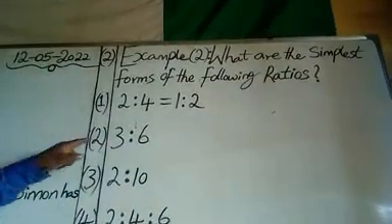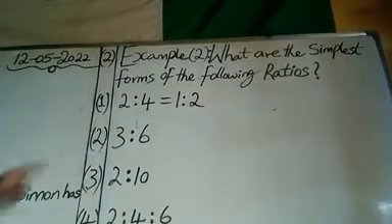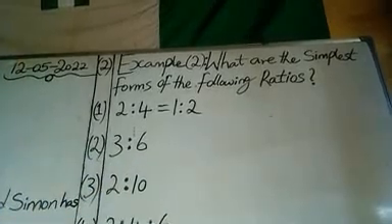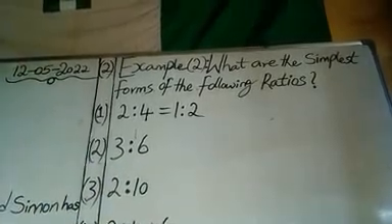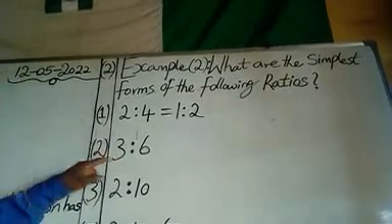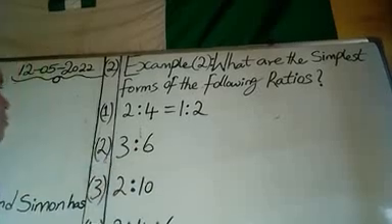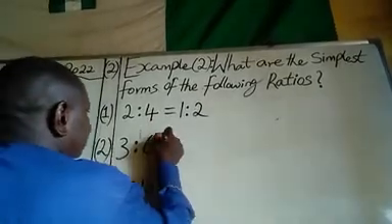Okay. Number 2. 3:6. What is the simplest form of 3:6? Solution.